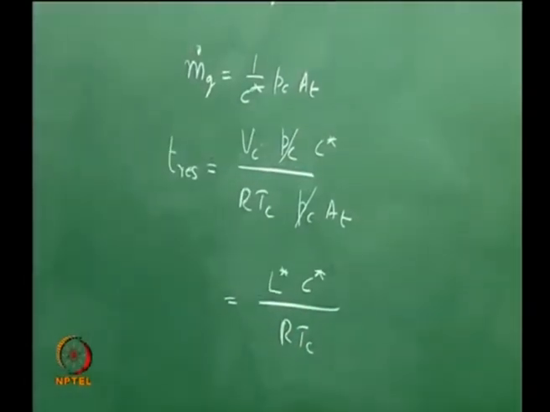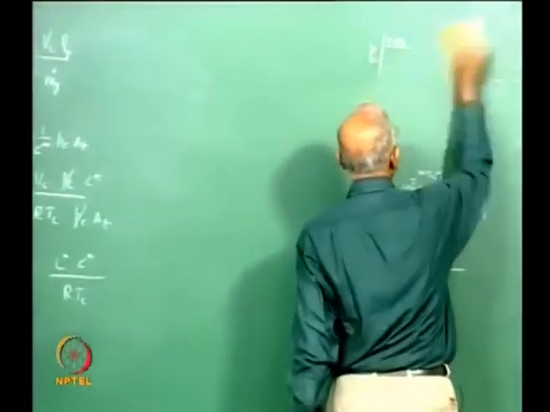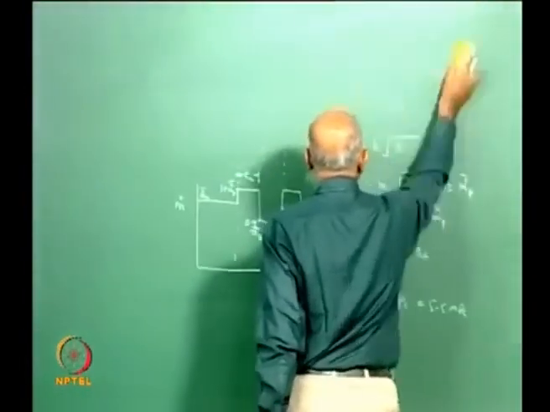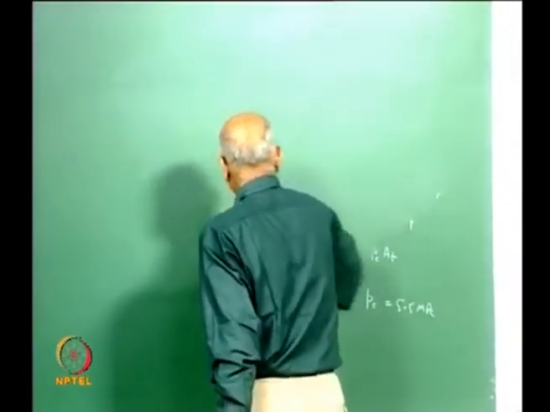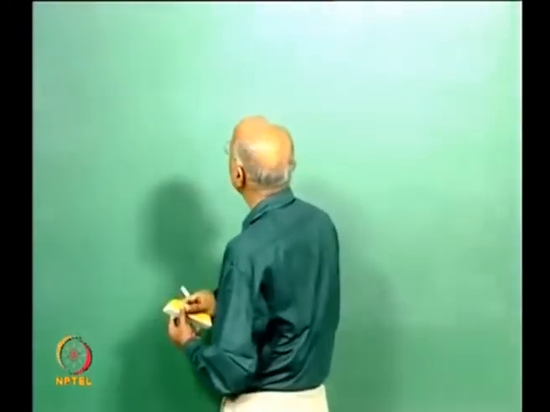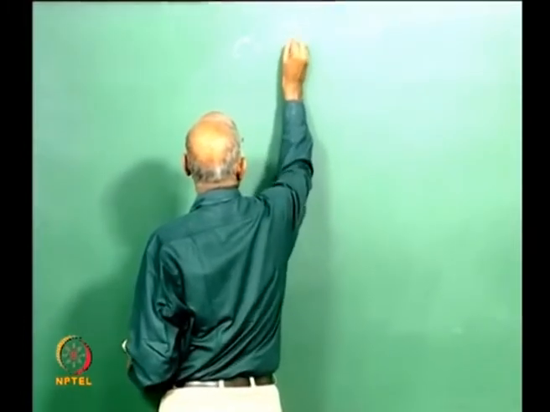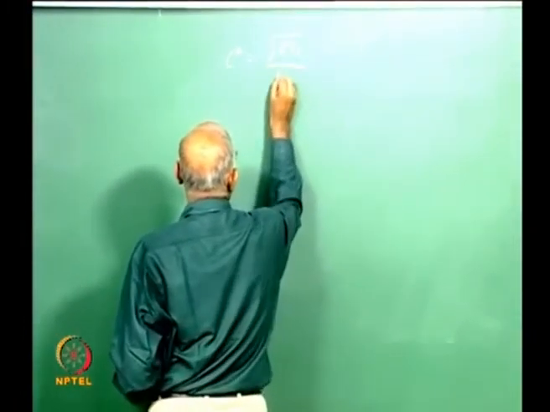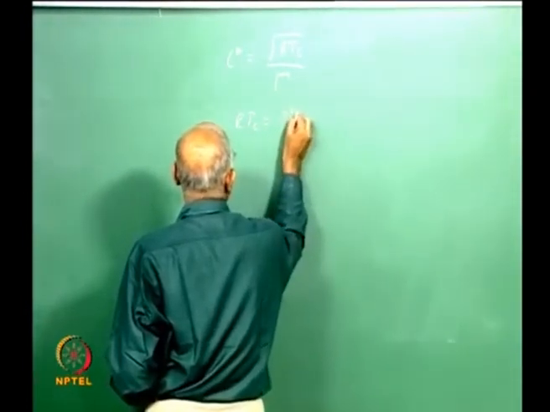And do you remember what R Tc is equal to in terms of C star? We have done it earlier. We said C star is equal to, yes, some of these things we must keep on our fingertips so that we can relate it. We said C star is equal to square root of R Tc by capital gamma. Therefore, we get R Tc is equal to gamma squared into C star squared.